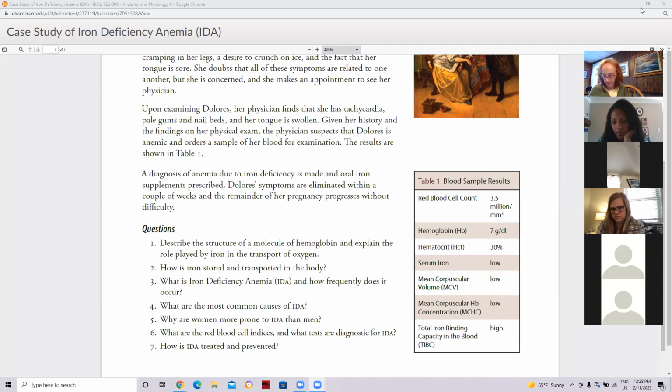Our hemoglobin is 7 grams per deciliter. Her hematocrit is 30%.